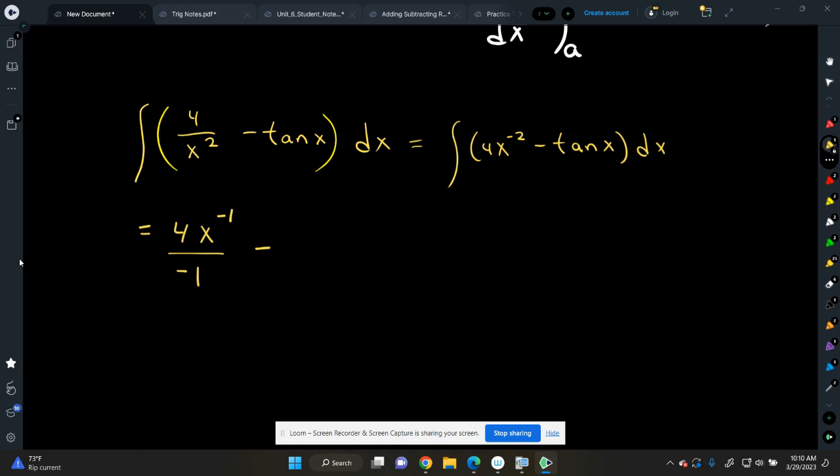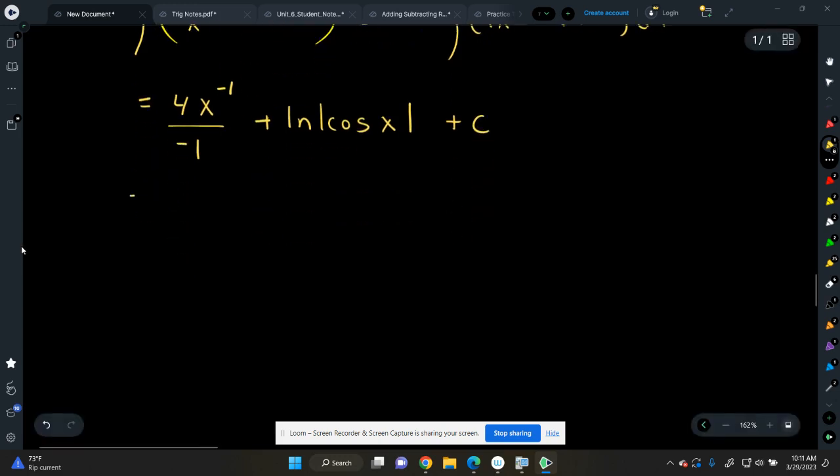It's negative natural log of cosine. So this would be a positive natural log of cosine x plus c. Was that one of our choices? That is one of our choices. So that's the answer: negative 4 over x plus the natural log of cosine x plus c.